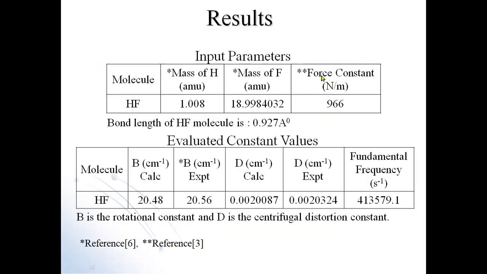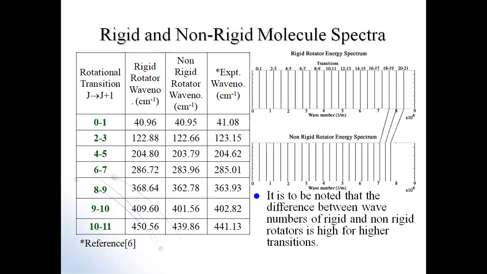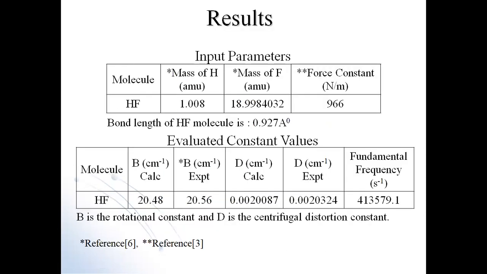The input parameters are given. So you take these input parameters, prepare your Excel sheet, or write the Fortran code or your C language code, and find out the rotational constant, find out the rotational distortion constant, find out its fundamental frequency, then you find out the rotational spectra and the rotational energies.